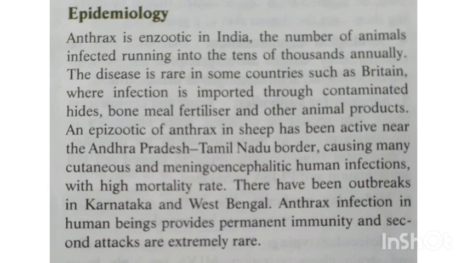That is, in cutaneous infection the route of entry is through skin, in pulmonary infection through inhalation, and in intestinal infection through ingestion. So the route of infection mainly depends upon the type of infection caused by Bacillus anthracis. That's all about epidemiology.